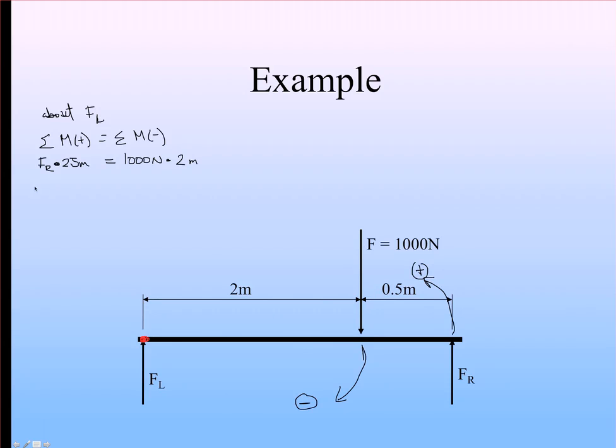And so we can rearrange this to say that FR equals 1,000 newtons times 2 meters over 2.5 meters. We have 2,000 newton-meters divided by 2.5 then. FR will be equal to 800 newtons because the units of meters cancel out.